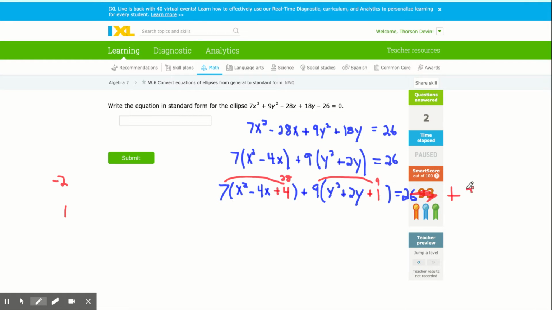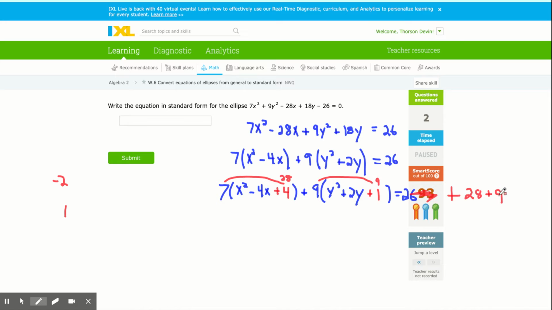So I need to add 28 and add 9 to the right side of the equation, to this 26, because that's actually what I ended up adding into these two parentheses. I added 4 here, which when I multiply by the 7 on the outside is 28. I added 1 here, which when I multiply by the 9 that's on the outside is actually 9. So I added a 28 and 9 on the left side of the equation.